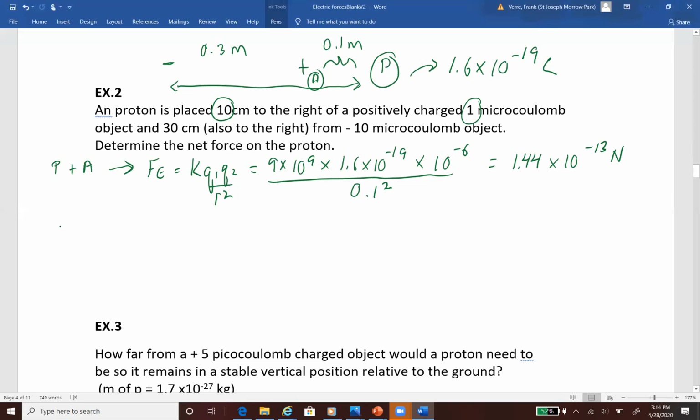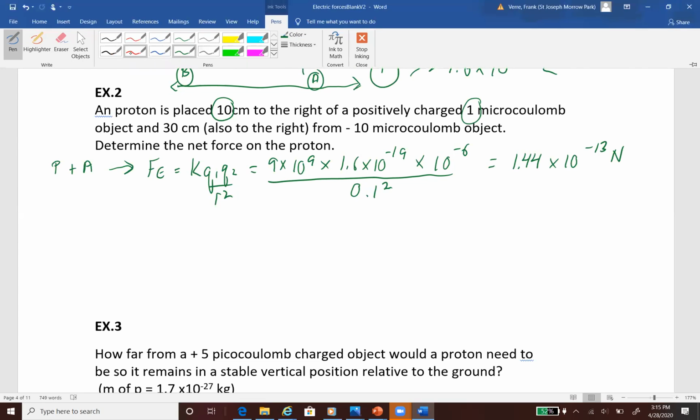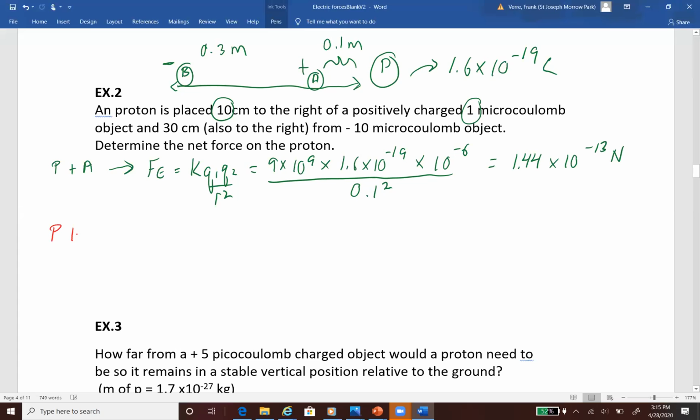We're going to do the same thing between the proton, and we'll call the other object B. Let's use a different color. Let's use red. Okay, so we're using the same equation, so there's no point in writing it out again. We'll just say k times the charge of the proton times the charge of the other object.